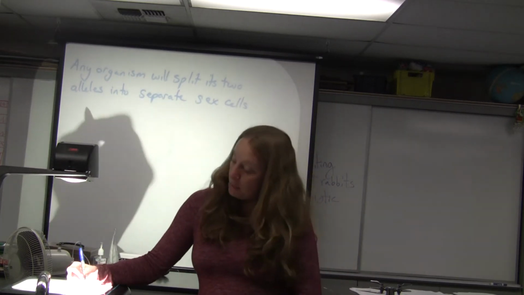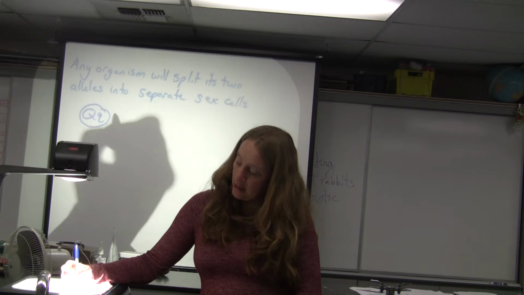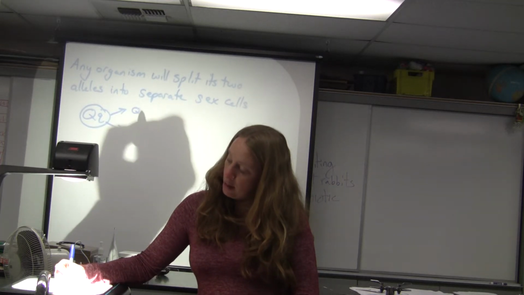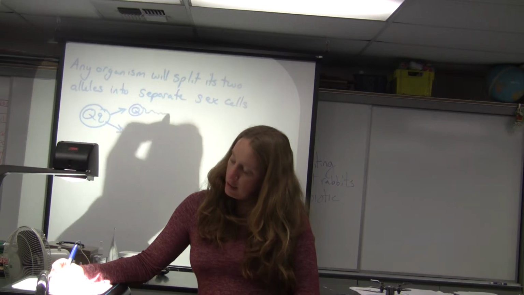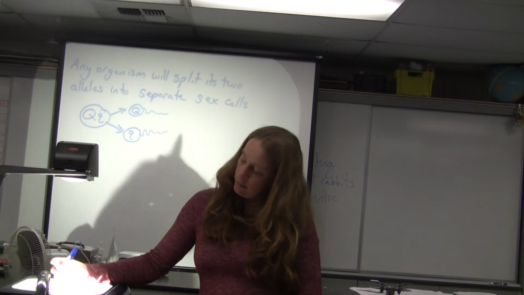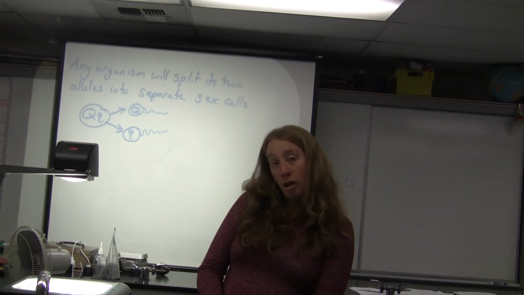And you can do a little picture of the Q's. They're all together, but when you make sex cells, they end up in separate cells. Do you love my drawings? I know you do.